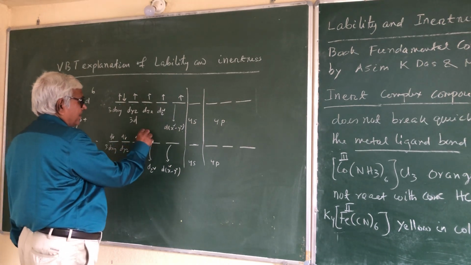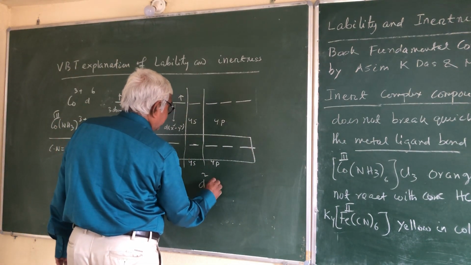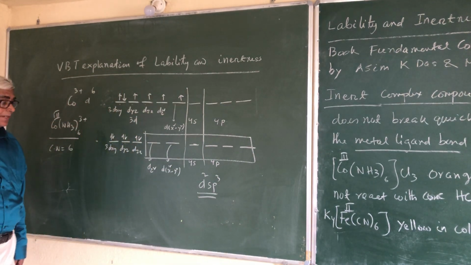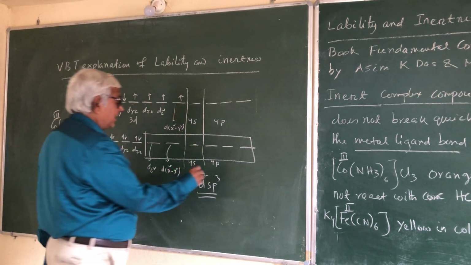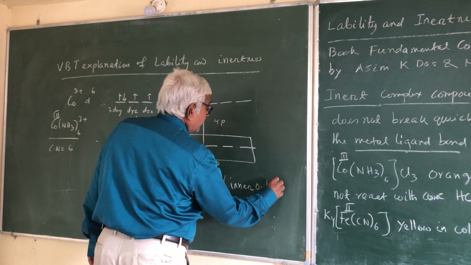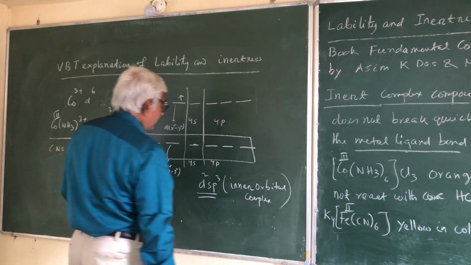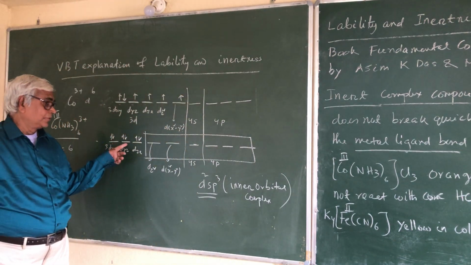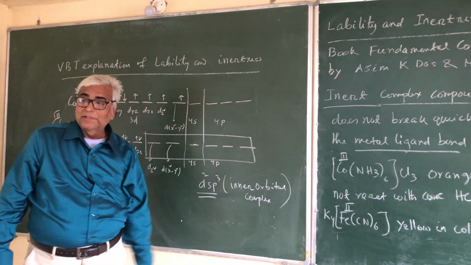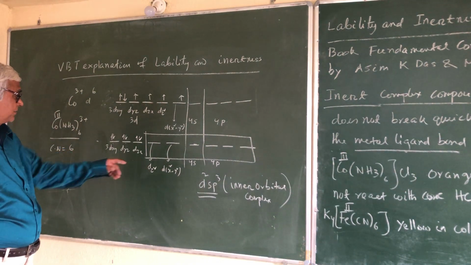Then d2sp3 hybridization will take place, producing an inner orbital complex. When 3d orbitals are used, that will produce an inner orbital complex. If the 4d orbitals are used, then that will produce an outer orbital complex. So an inner orbital complex is produced.